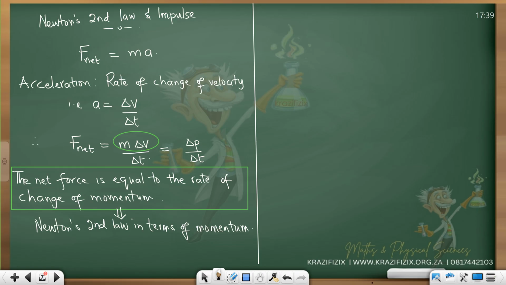The net force is equal to that over that. So don't even cram it. Just know that F net is equal to that over that.